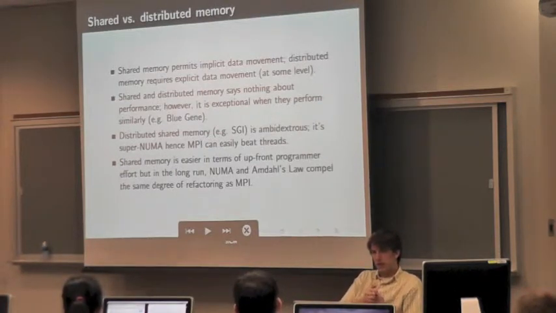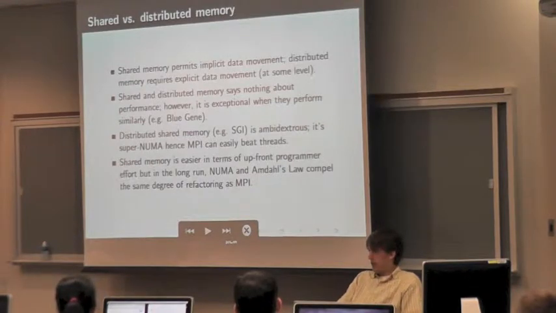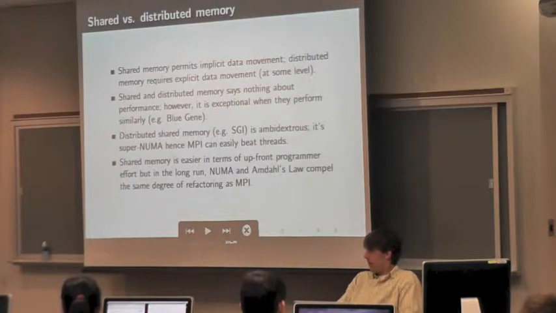There's something called distributed shared memory, and basically it's ambidextrous. If you buy an SGI machine, which is a very, very expensive shared memory machine, you have the benefit that if you feel like programming 100 or 1,000 cores with OpenMP, you can do it. But it's not a 1,000 core die that Intel fabs that's 4 feet wide.